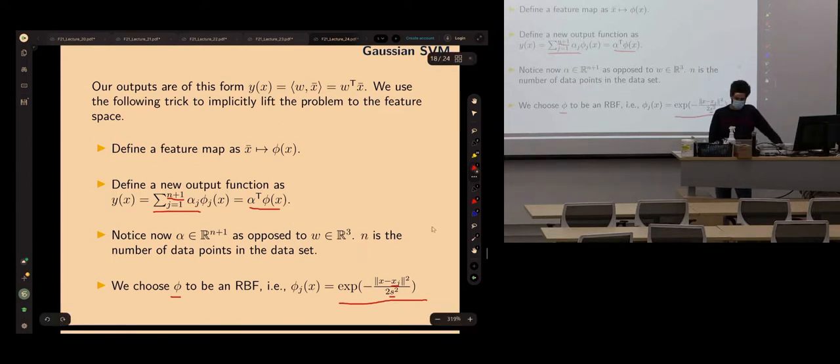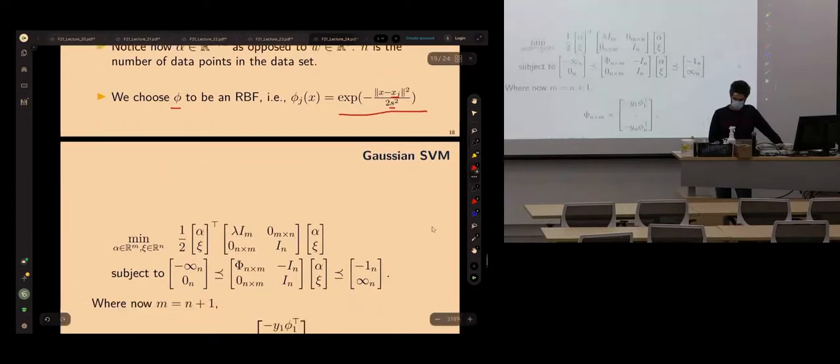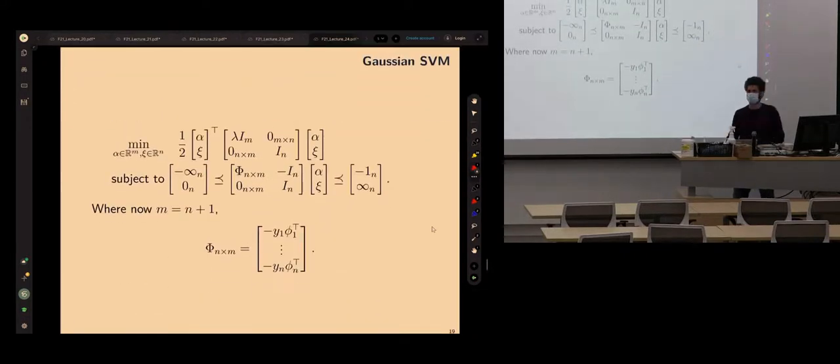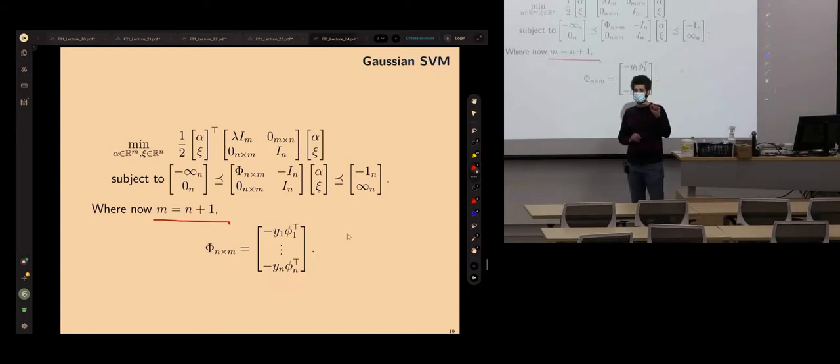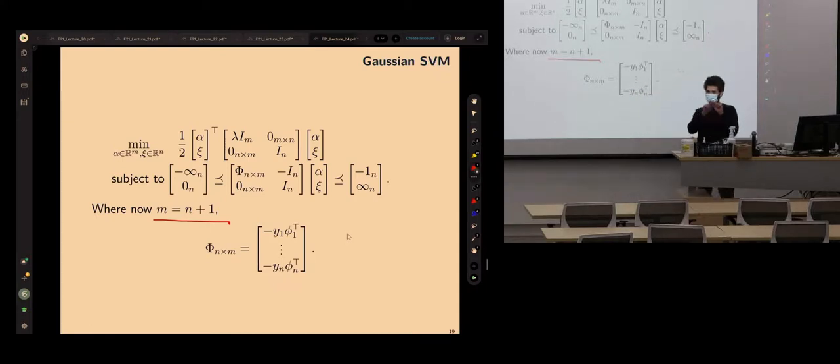So we do this, and we have a new problem. Instead of W, now we are going to solve for alpha. We have m alpha. Here it is n plus 1. So replace W with alpha. And phi is, instead of negative y times x transpose, y times phi transpose. Now you know from your project that phi is not a single value, because for every input, you're going to evaluate it with all other inputs.